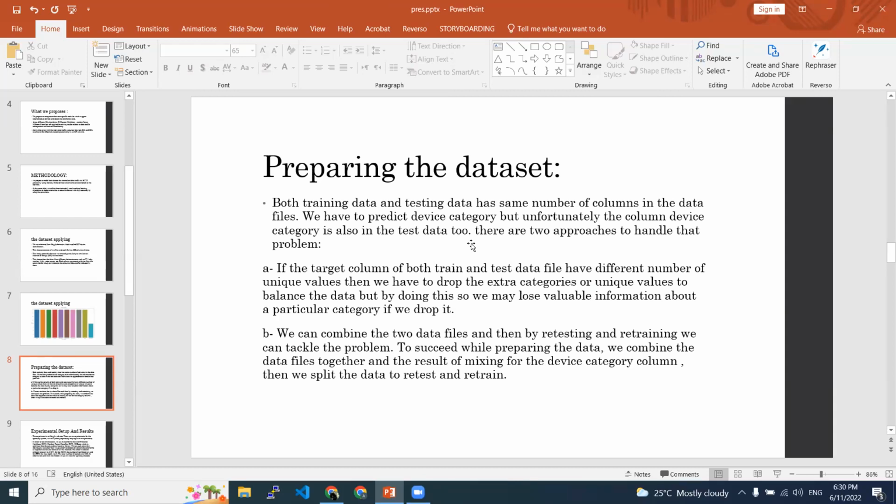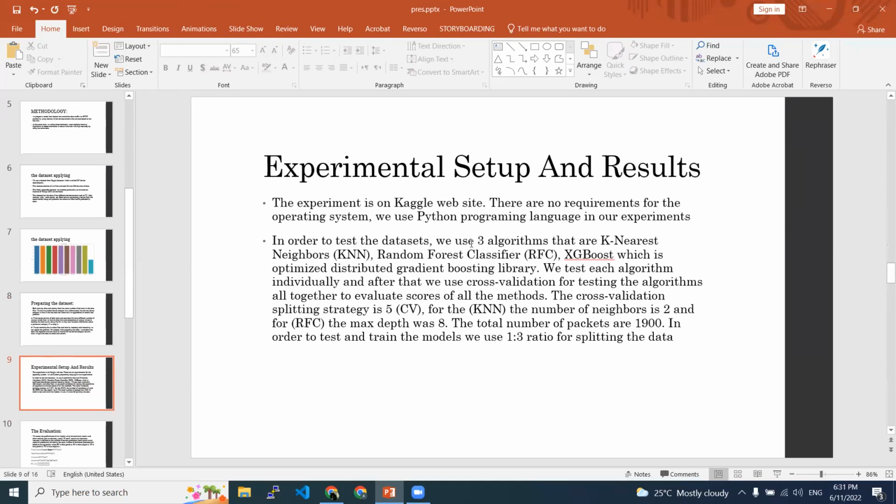The second one, we can combine the two data files, and then by retesting and retraining, we can tackle the problem. To do this, we combine the data files together, and the result is mixing of the data category column, then we split the data to retest and retrain.